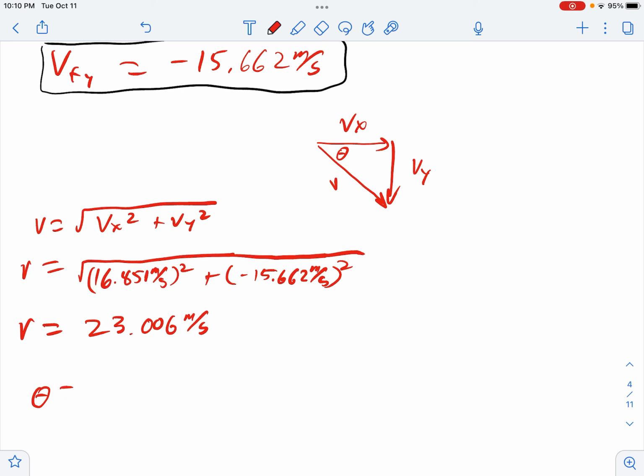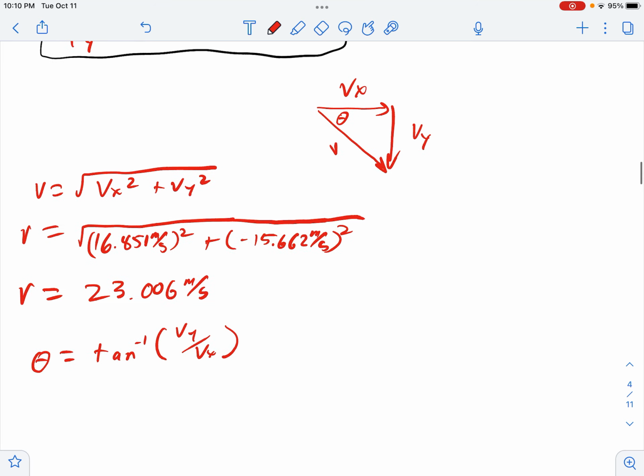So to get that, technically I've got all three pieces of the triangle. I like to use inverse tan. Now notice on my picture, I'm defining the angle. That angle is somewhere between 0 and 90 degrees. It's below the axis, but I'm really just looking for the magnitude of the angle.